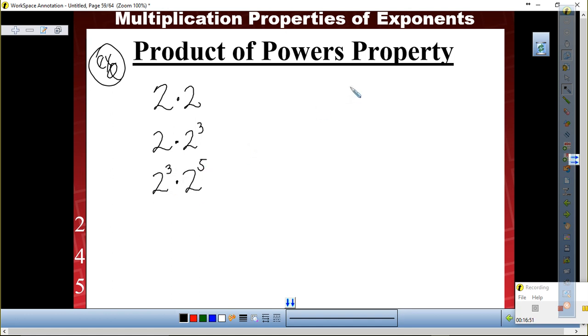And then, of course, I'm going to use algebra also. All right. Before I use the property, what is the first thing I asked you to do before I get started? Put a 1 on everything that does not have an exponent.